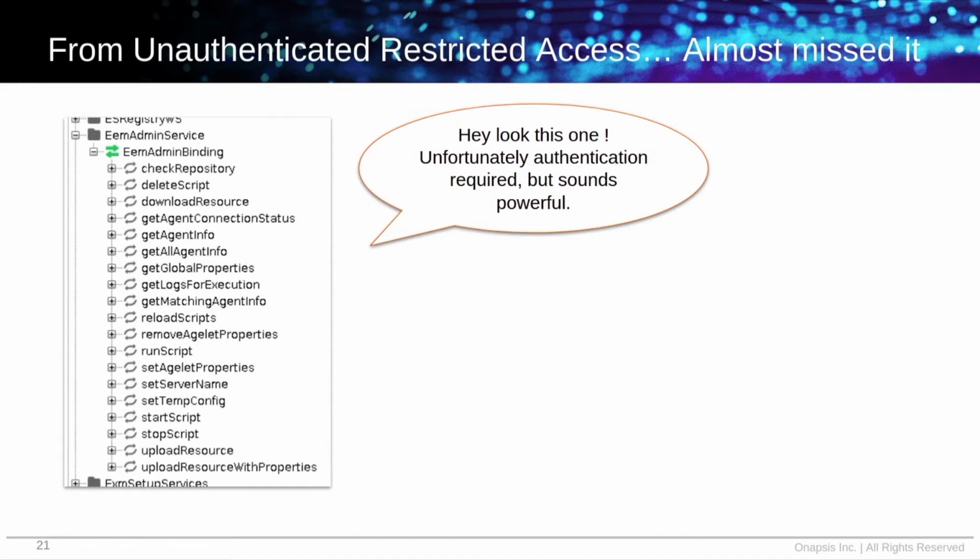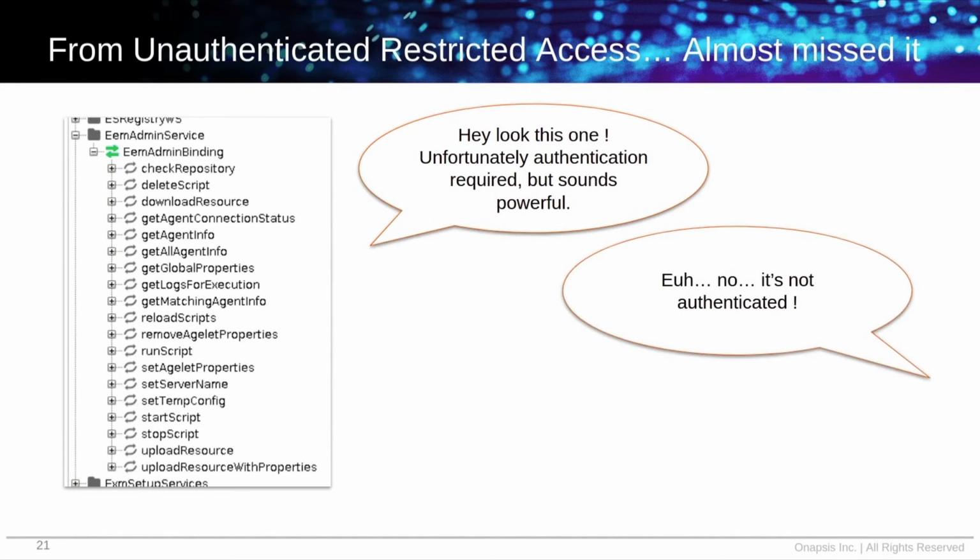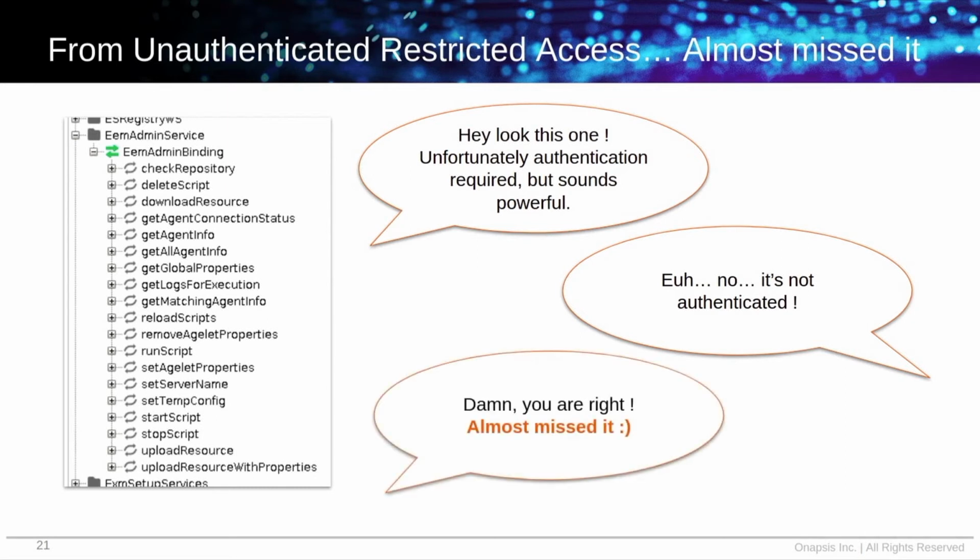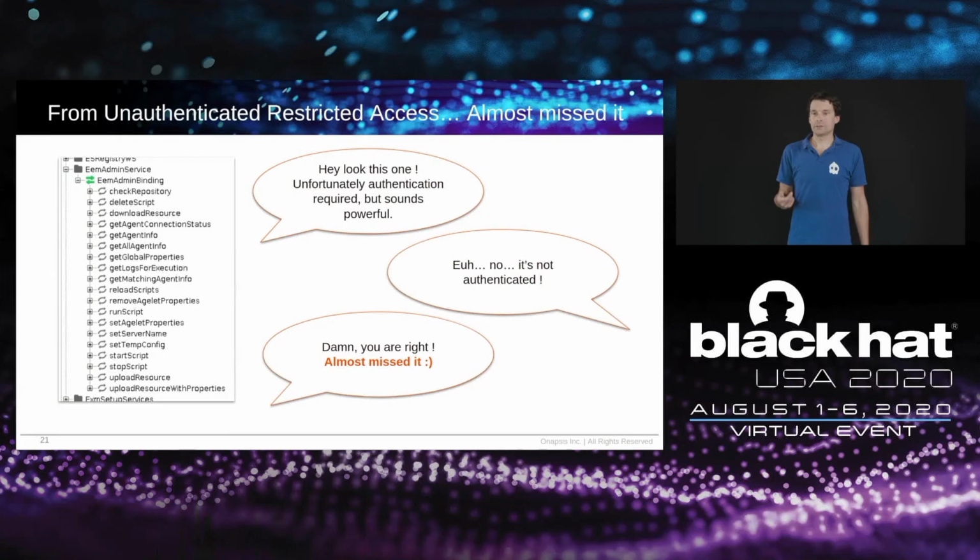It looks like a very, very powerful web service, but unfortunately, this is authenticated. And Pablo sent me quickly back something like, no, it's not. So we double checked, and yes, it's not authenticated. There is no authentication needed to access this web service. So this is our entry point in this talk. I'll let Pablo explain what we found exactly here.